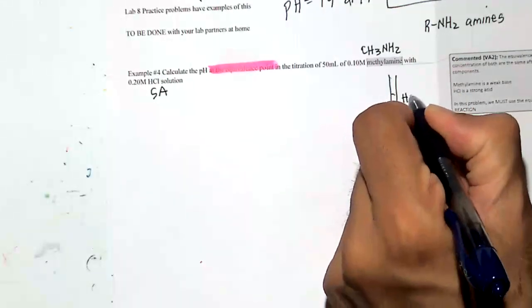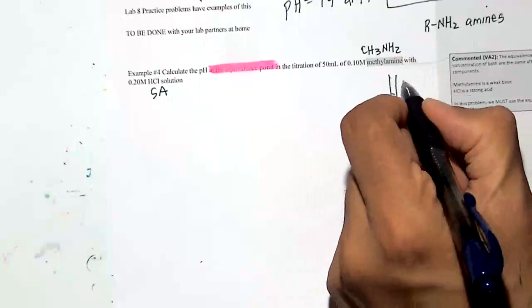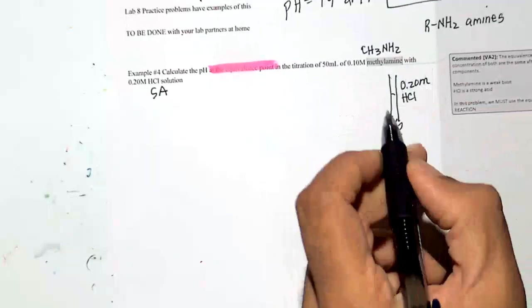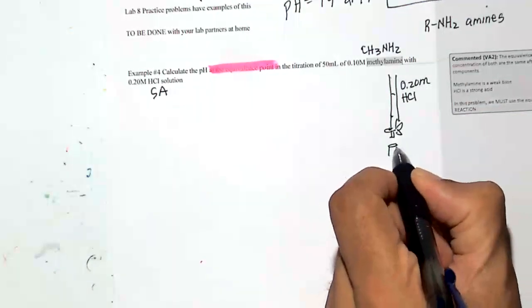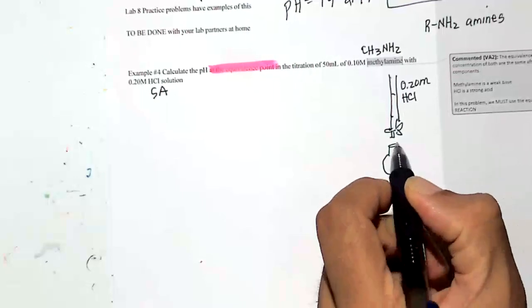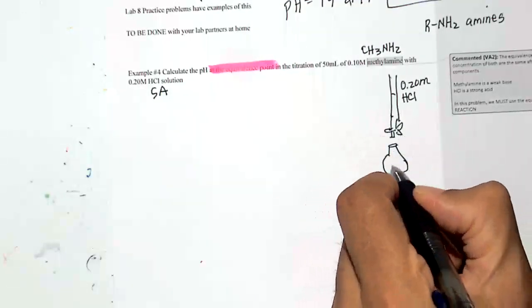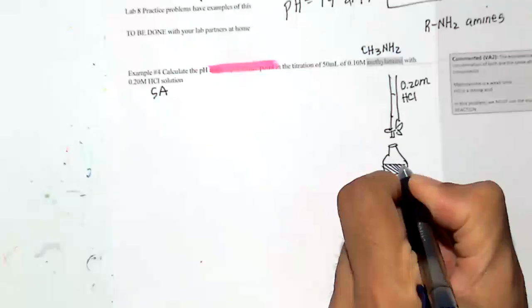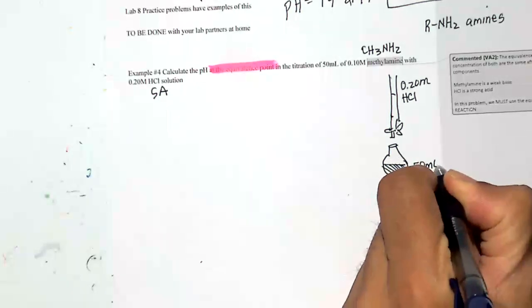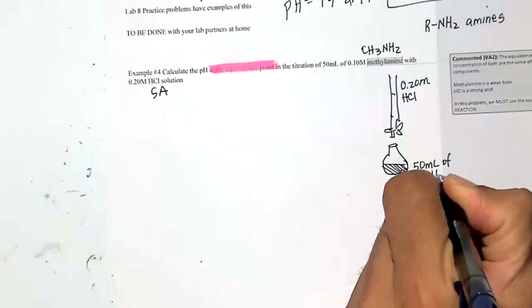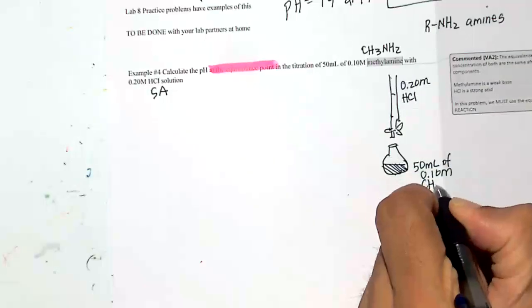This is going to have our strong acid, HCl, at 0.2 molar. And then in our flask, the titrand, we will have 50 mL of 0.10 molar methylamine.